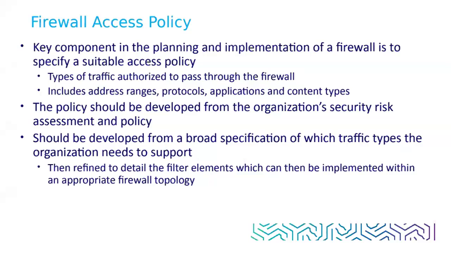A firewall access policy is a set of security rules that define which network traffic is permitted to pass through the firewall and which traffic must be blocked, acting as the decision-making guide for the firewall. Without this policy, the firewall cannot determine whether the traffic is legitimate or malicious.